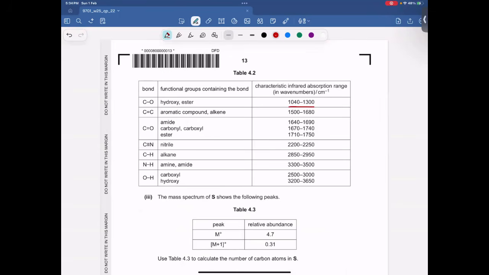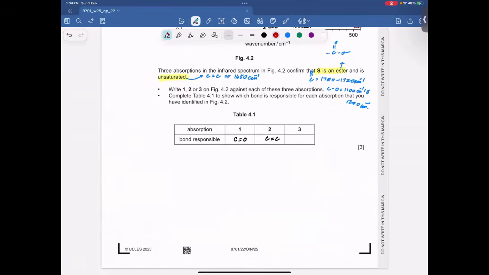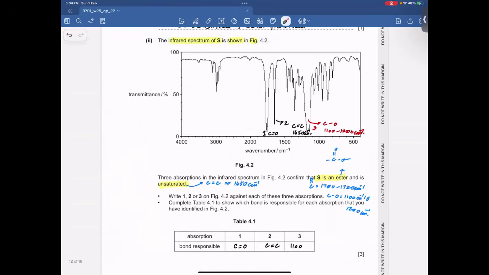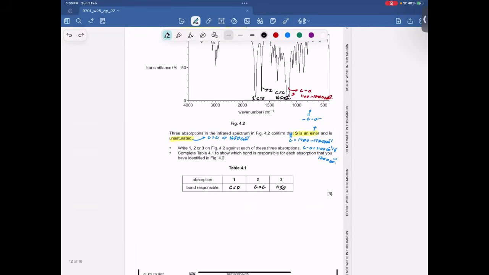Yeah, I can write that. Let me check. This is 1100, this is 1140 something or 1150. So let me write 1150 roughly centimeter inverse, okay? I hope it makes sense to you. That's an easy question, guys.